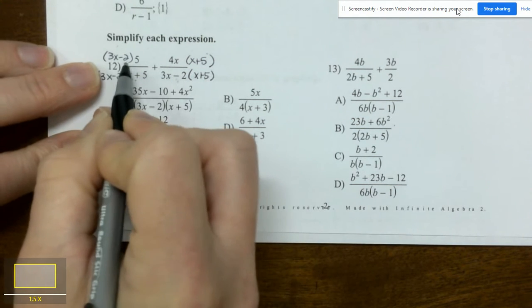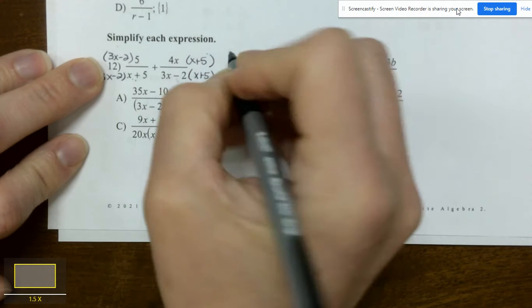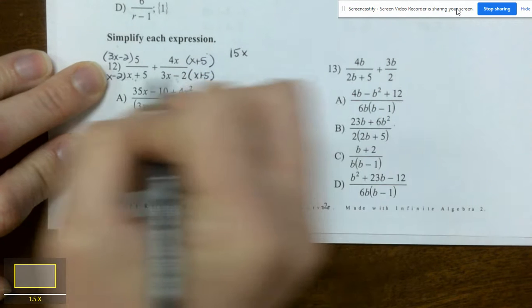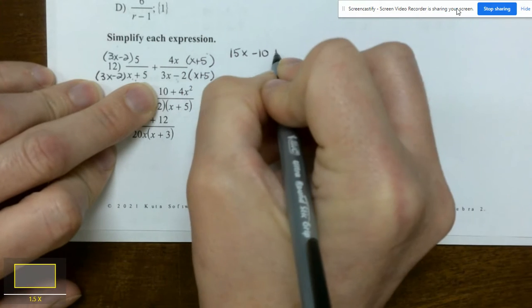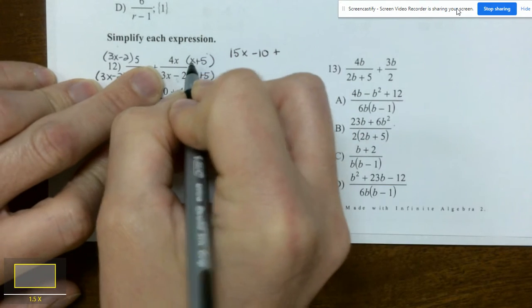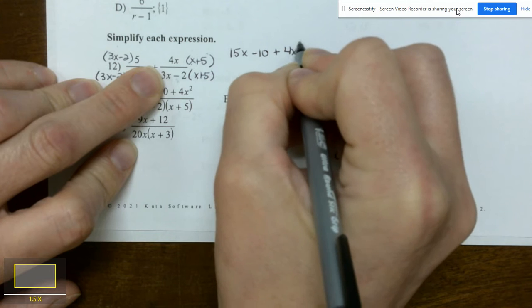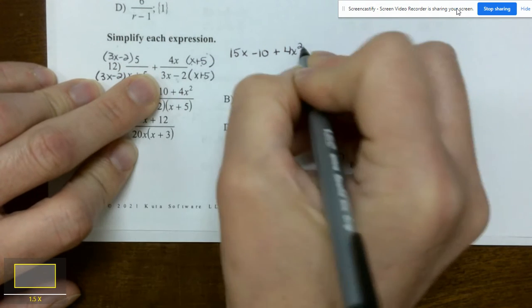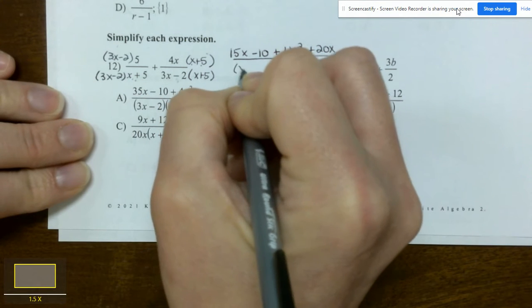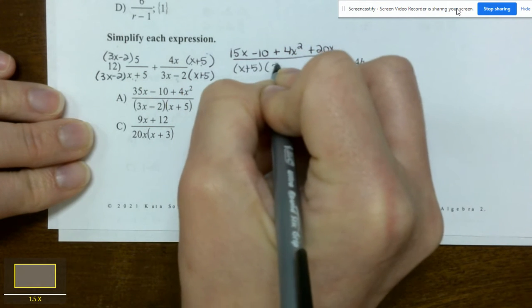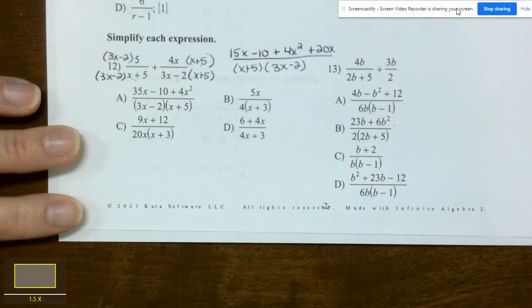Okay, over here, that means 5 times 3x is 15x, and 5 times -2 is a -10, plus 4x times x is 4x squared, and 4x times 5 is plus 20x. And that's all over our common denominator, x plus 5 times 3x minus 2.